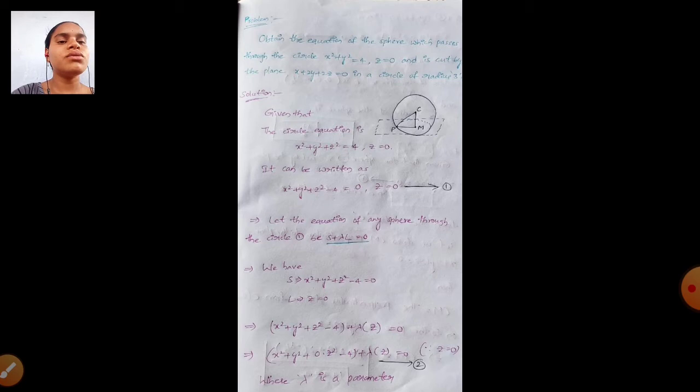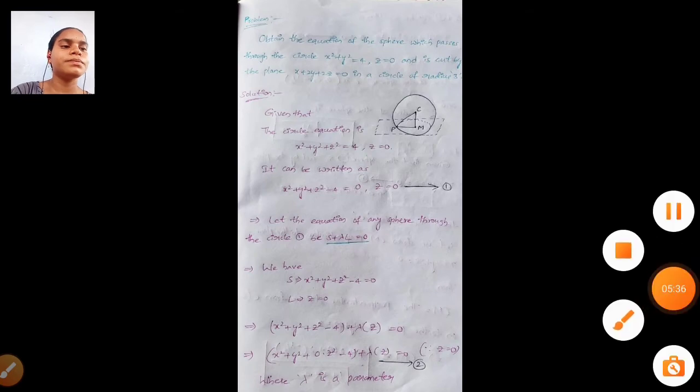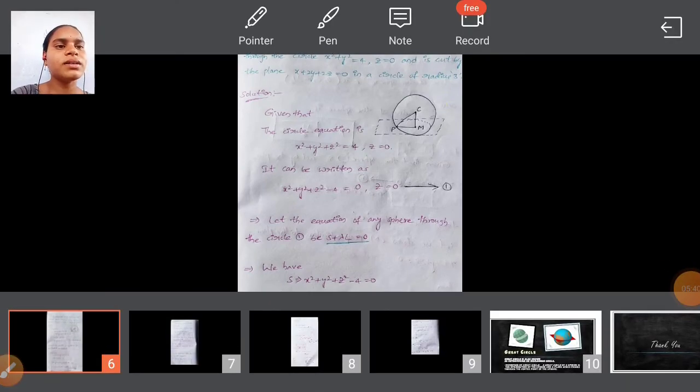Here is how we can find it. The solution is: given that the circle equation is x square plus y square equals 4 and z equals 0.